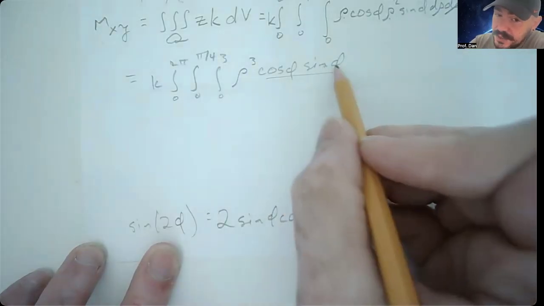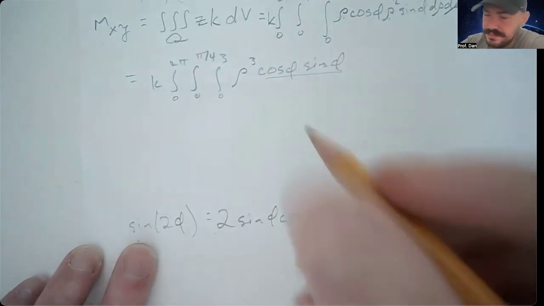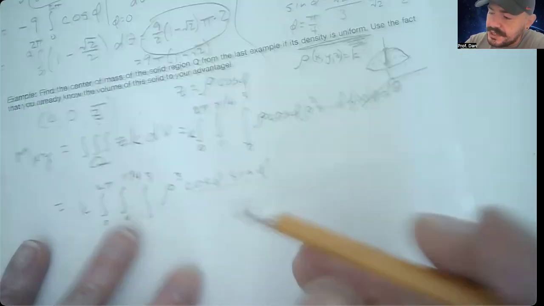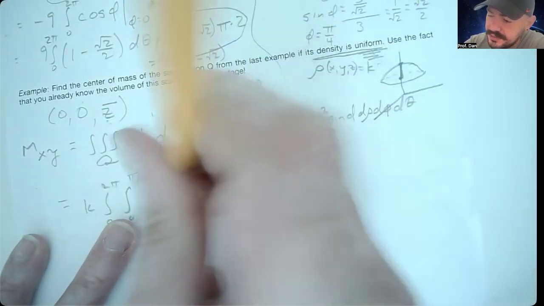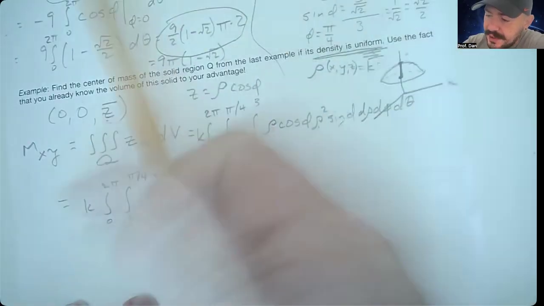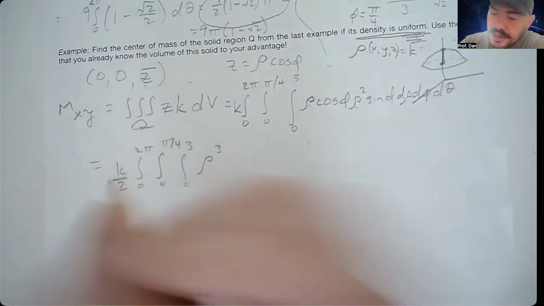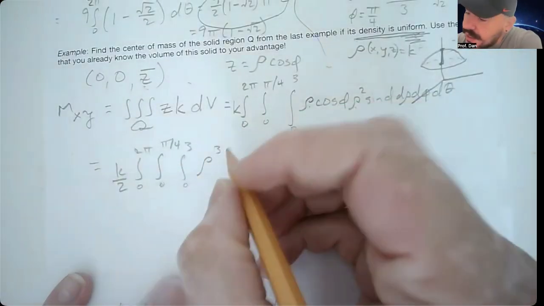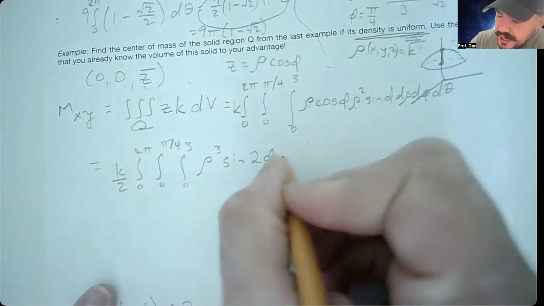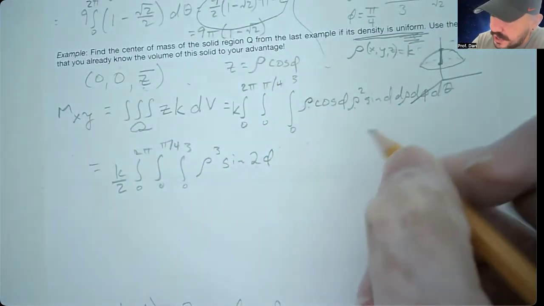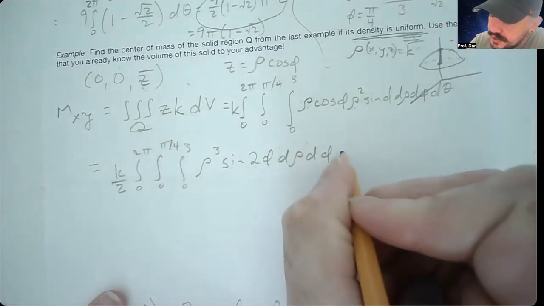If I have sine phi cosine phi, then that would be half of sine of 2 phi. So I'm going to erase what I wrote here and write a simpler version of it. The 1/2, because I have to divide by 2, can go out with the k, and the rest of this can just be written as sine of 2 phi. And then we have our differentials d rho, d phi, d theta.